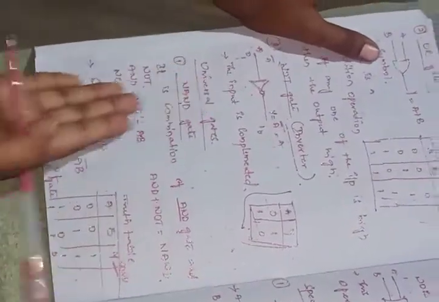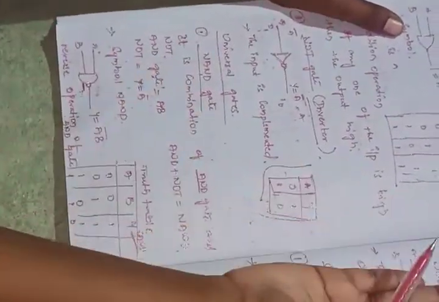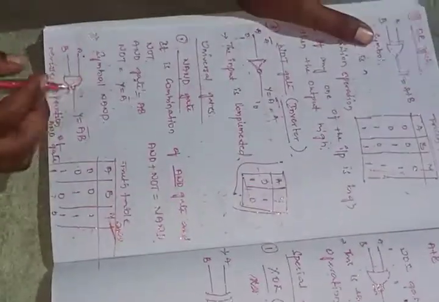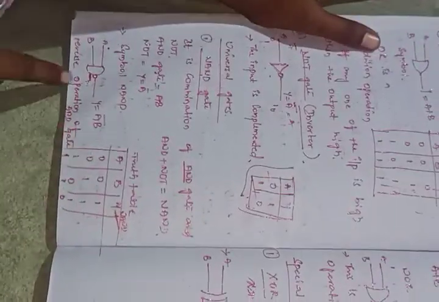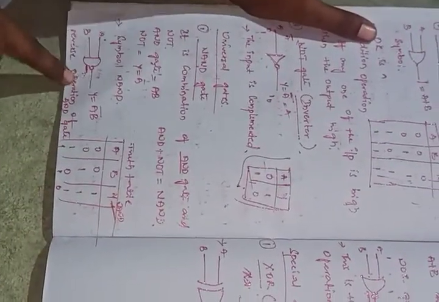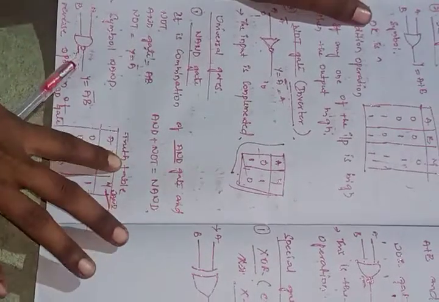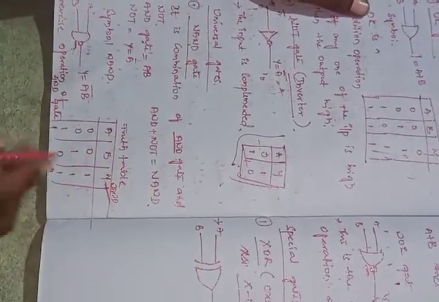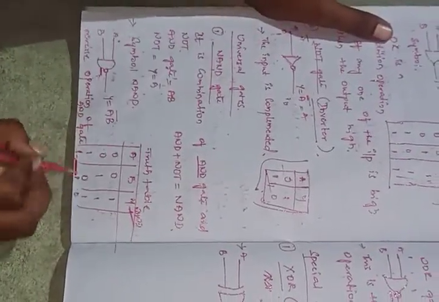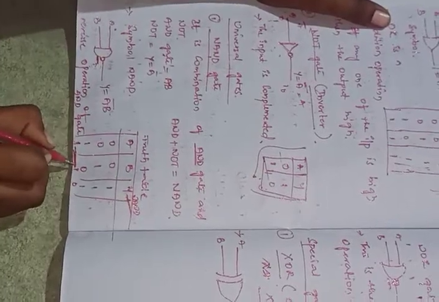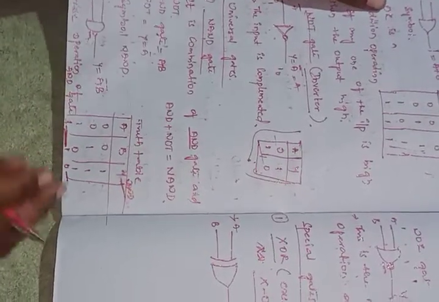And let us move on to universal gates. These are the universal gates, NAND gate and NOR gate. This NAND gate is a combination of AND gate and NOT gate. And this is the symbol of NAND gate. And this is the reverse operation of AND gate. And this is the truth table. In this truth table, if all the inputs are high, then the output is low.